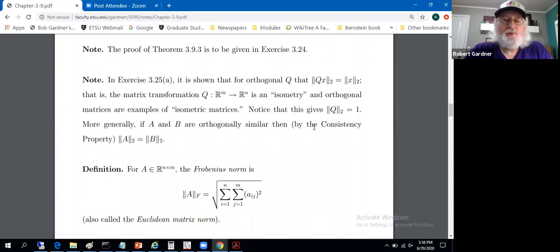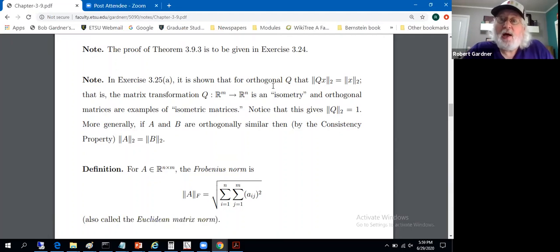Orthogonal matrices are really well behaved in this. In one of the exercises, it's to be shown that for Q an orthogonal matrix, remember what orthogonal matrix means. It means the columns are an orthonormal set of vectors. They're not called orthonormal matrices.